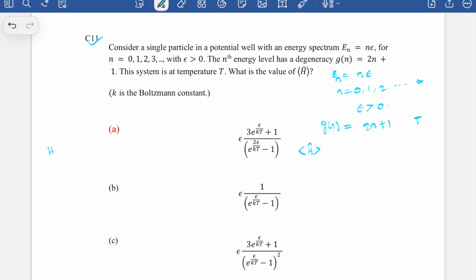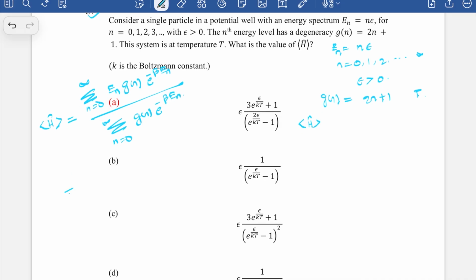So we can compute this Hamiltonian average as summation over n from 0 to infinity of En Gn e to the power minus beta En, divided by summation over n from 0 to infinity of Gn e to the power minus beta En.